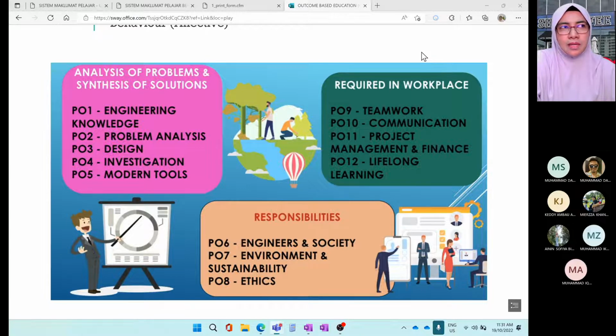Now you are in part 5, so you can identify your score. If for example last semester your PO3 was not achieved, this semester you look at which courses have PO3, and make sure the PO3 average passes. So it is very, very important.